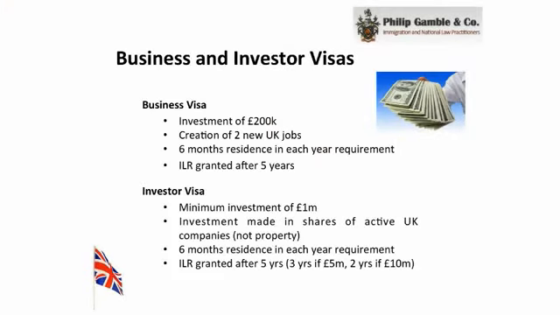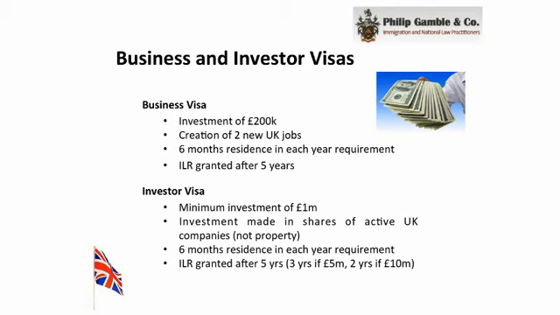The UK has 2 different categories for those wishing to invest money in the UK. The first we term as a business visa. This generally requires an investment of at least £200,000 into a UK company, whether that company is a new formation or a going concern, it makes no difference.